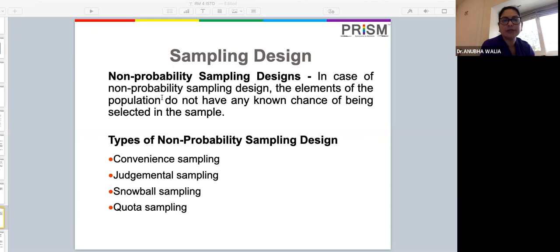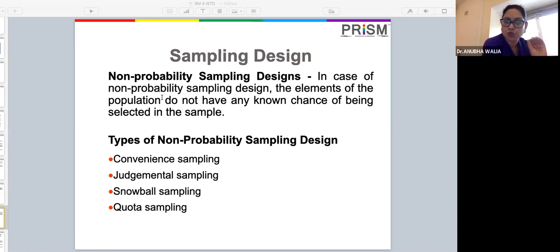In snowballing, the researcher identifies one member of the population of interest, speaks to him or her, and then asks that person to identify others in the population that the researcher might speak to. So this person is then asked to refer the researcher to another person, and this goes on, and then you collect the sample.